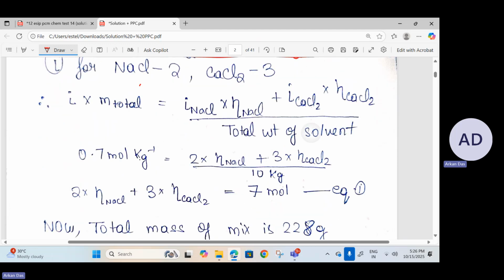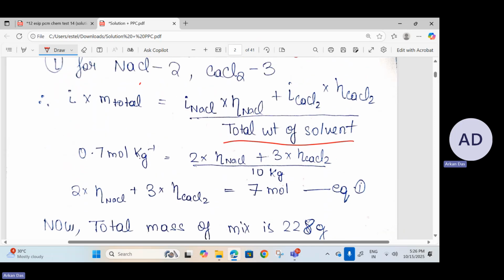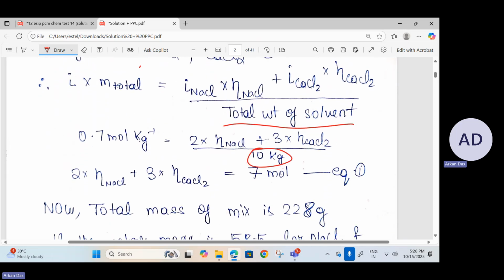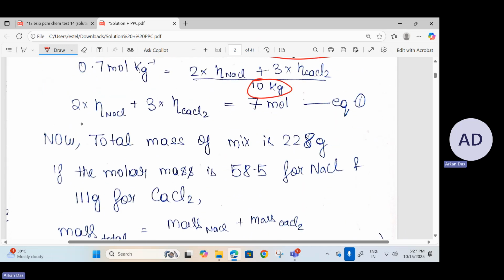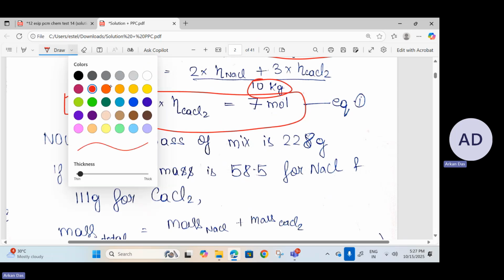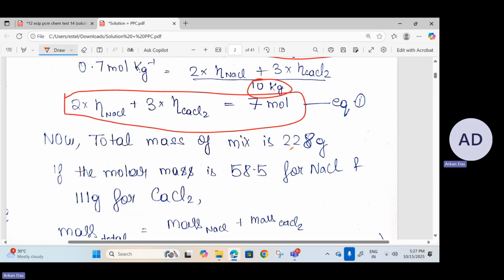You can see I have just equated that, and molality is always accompanied with the total weight of the solvent, which is written down, and you already know that is 10 kg. Once you solve it, you are going to get the equation, that the number of moles of NaCl is going to be 7 mole, and this is the equation, right? From here, students, we can easily understand that if I want to find the terms of CaCl2, I can easily find it, yes or no?